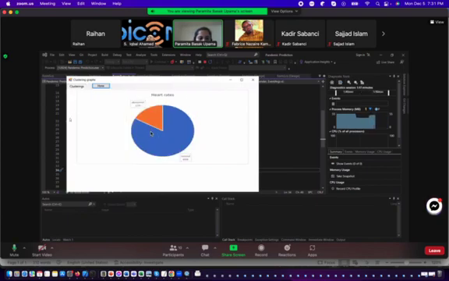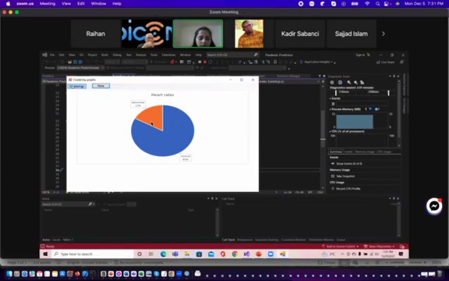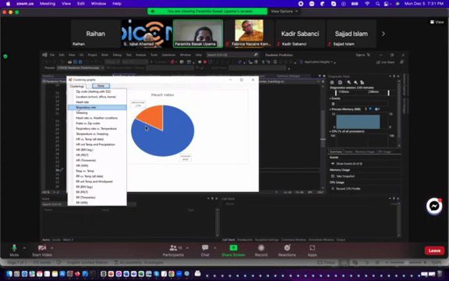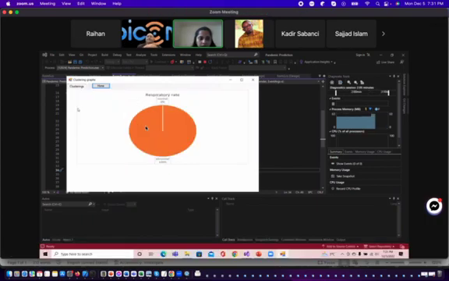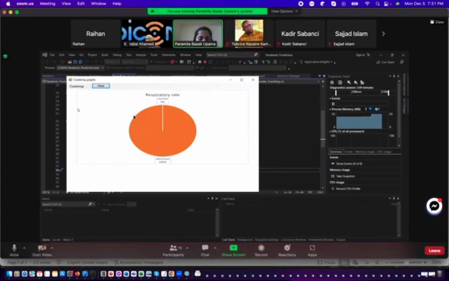Third is the heart rate. We are using a threshold to separate normal and abnormal heart rate, and the same for respiratory rate.